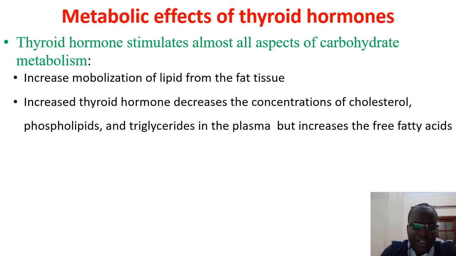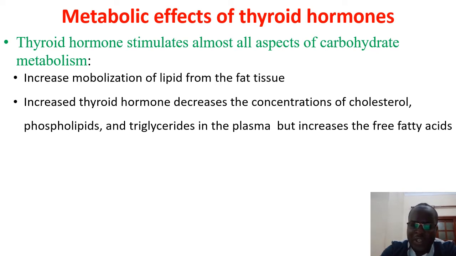The increased thyroid hormone decreases the concentration of cholesterol, phospholipids, and triglycerides in plasma, but increases the free fatty acids. So it means that the presence of thyroid hormones is going to mobilize fats from fat tissue.